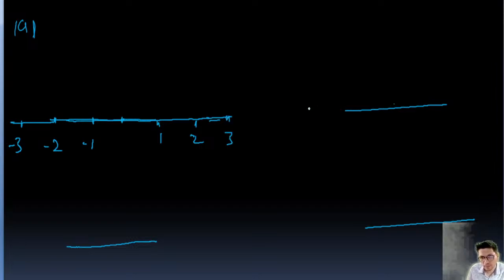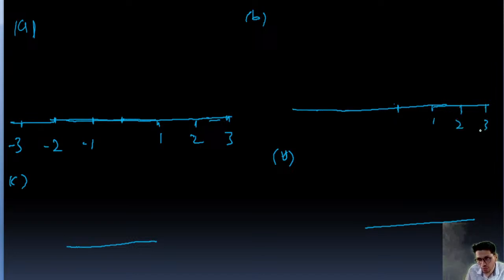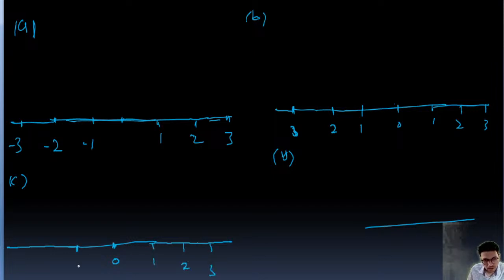Similarly, option A, this is option B, this is option C, and this is option D. 0, 1, 2, 3, 0, 1, 2, like this.